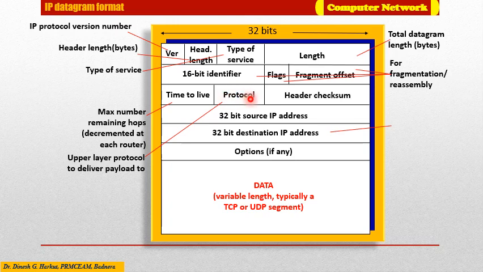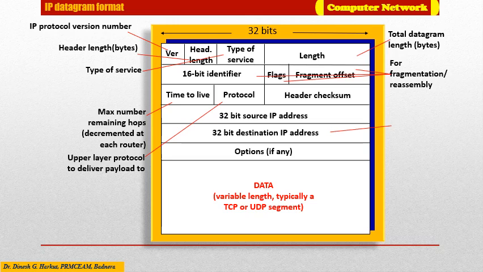It means when the datagram reaches the destination, this particular listing, that is the name of the protocol, indicates the specific transport layer protocol to which the data portion of this IP datagram should be passed.